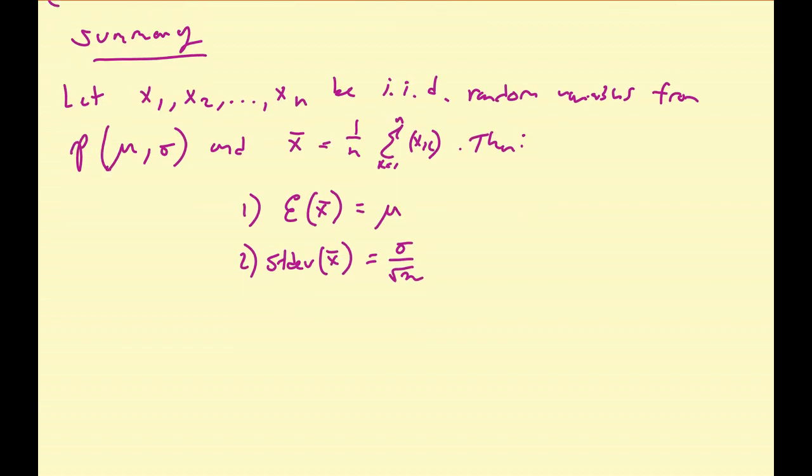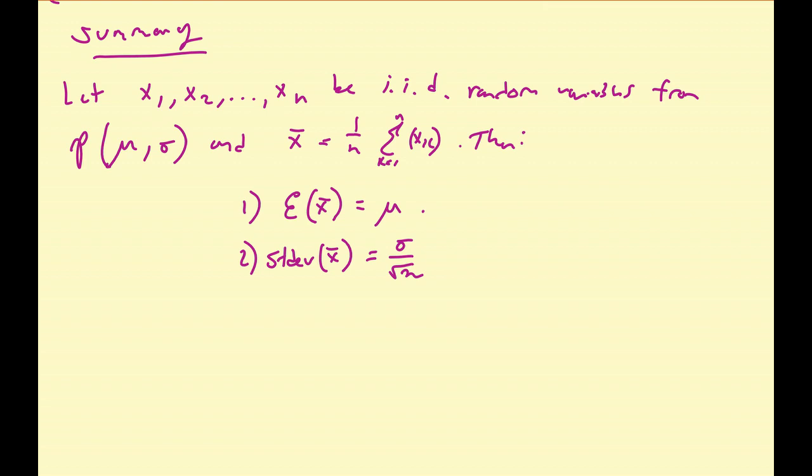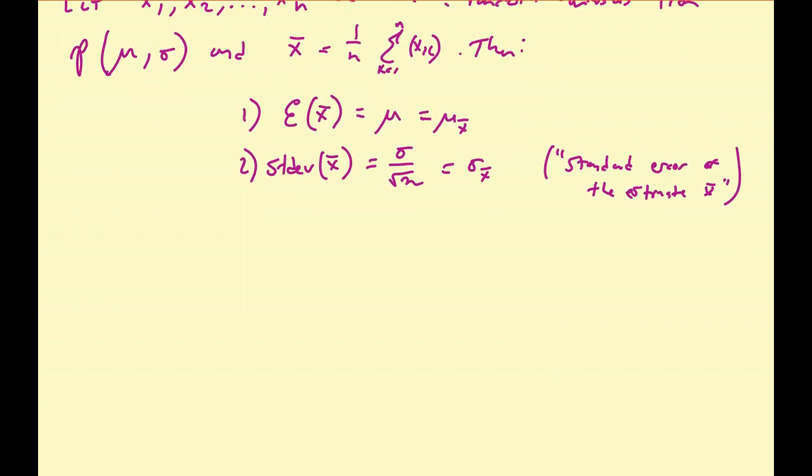And remember, we have other alternative ways of writing this. Some people call this mu x bar, and some people call this sigma x bar, and some people even refer to this as the standard error of the estimate x bar. And most of all, the distribution of x bar converges to the normal distribution, regardless of population distribution.